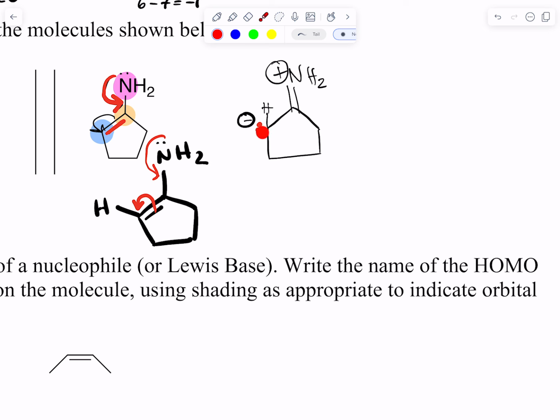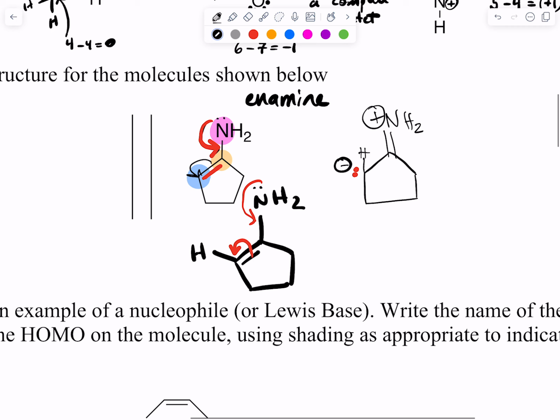Yep. Great. So this is exciting because you've just learned something about this molecule. This molecule is called an enamine. And if you knew about bond polarity and electronegativity, you would say that the nitrogen's more electronegative than the carbon, and you'd expect the nitrogen to be electron rich, and it is. But resonance tells you that the lone pair on that nitrogen is also felt on that adjacent carbon.